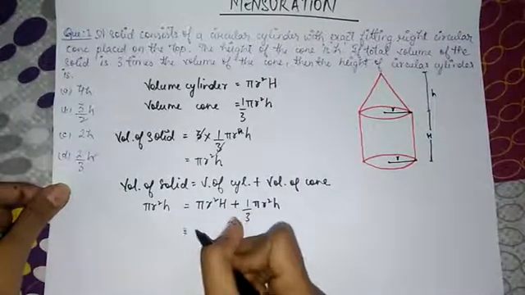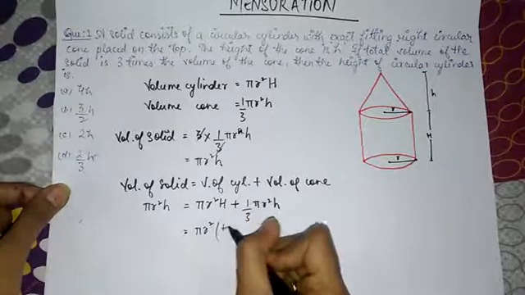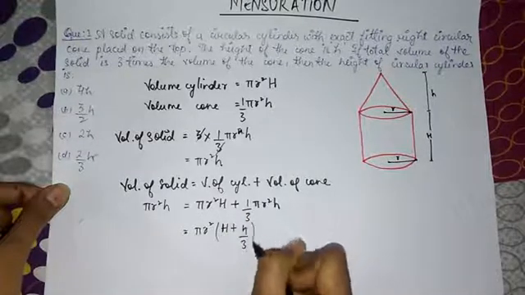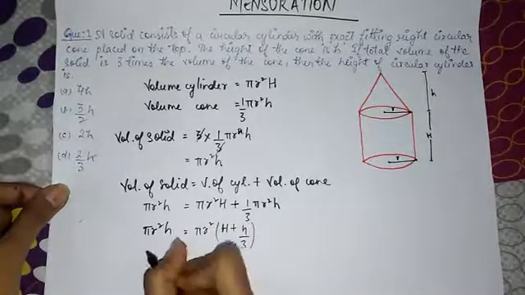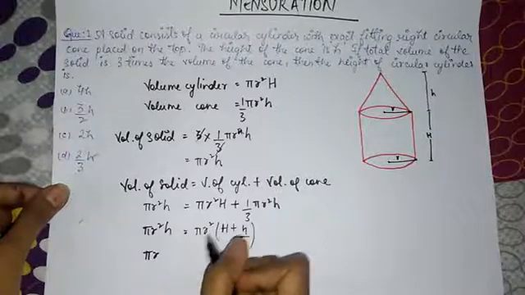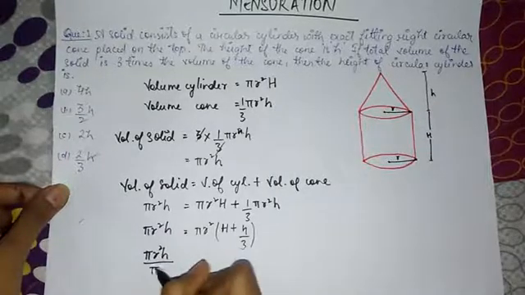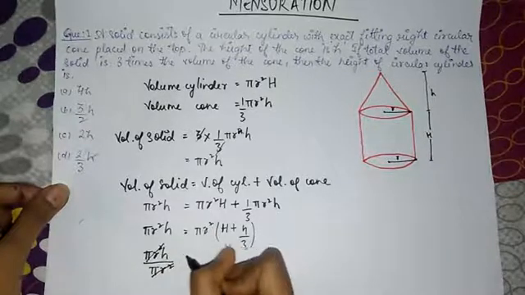So here we can take this out. Pi r square is common. What remains is H plus h by 3. Here this is the same. So if you bring pi r square this side, it will be divided here and this whole will get cancelled.